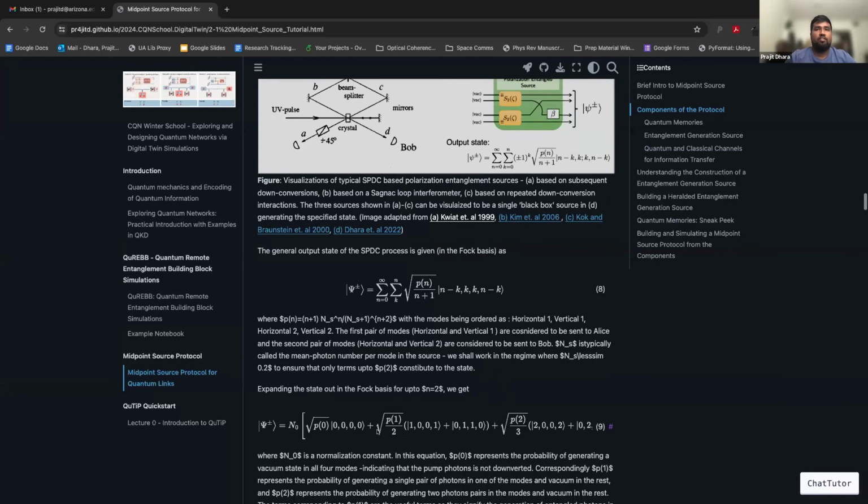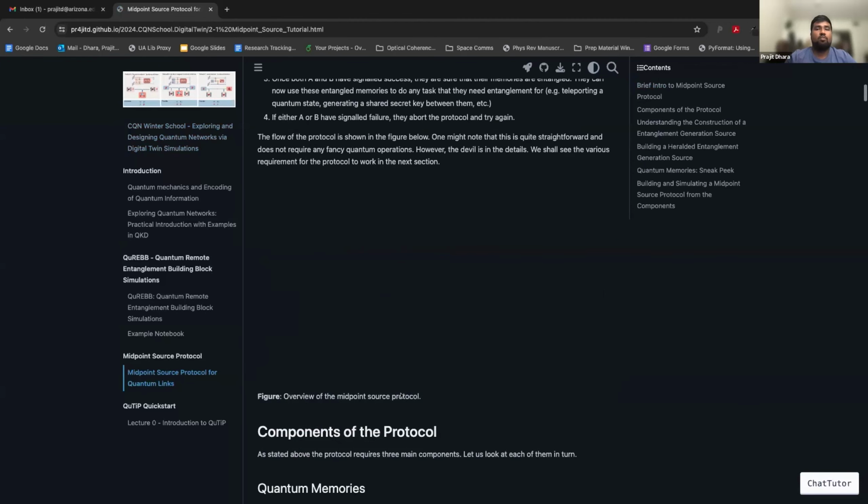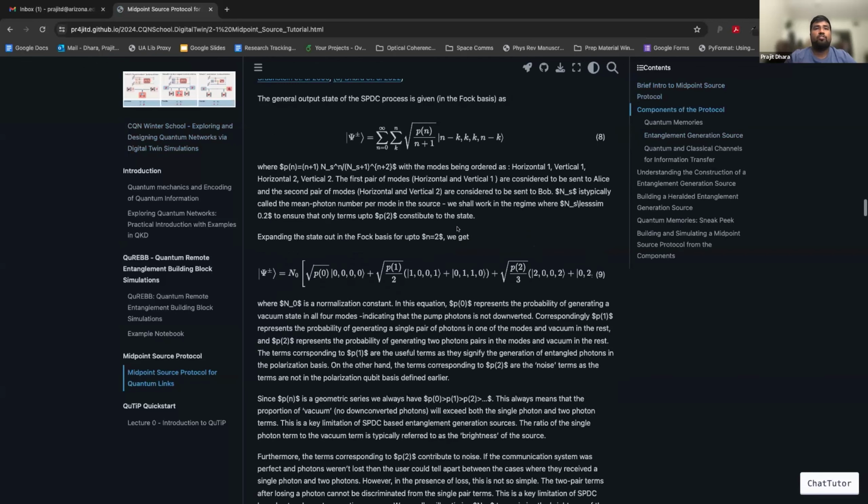Namely, if I write the state out in terms of the explicit photon number distributions, for n equal to 0, you only have the 0, 0, 0, 0 term.